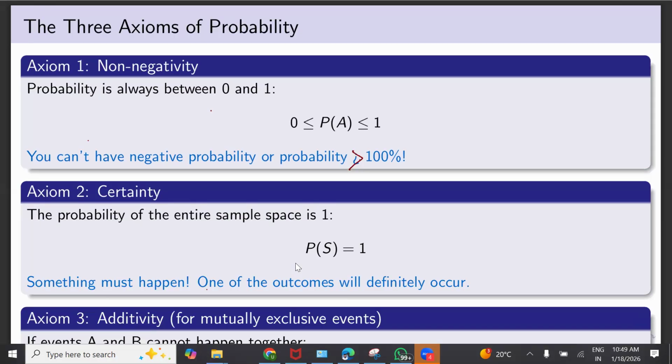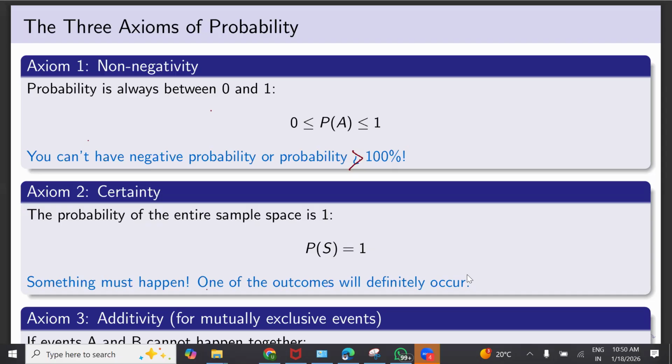What is the next one? Additivity, which I think Madhusmita was telling, that is for mutually exclusive events. If events A and B cannot happen together.